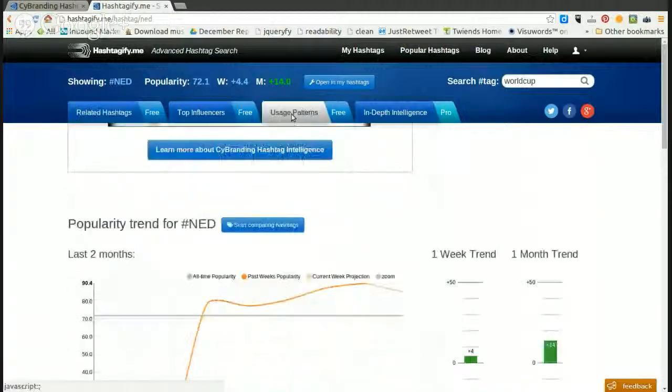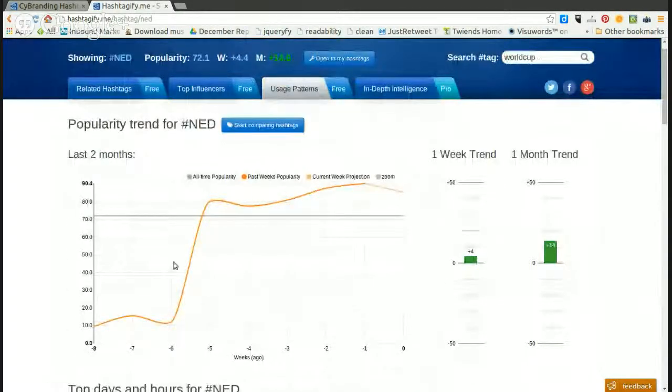You can go to this tab, which we call usage patterns. This is very useful because it shows you the popularity for the last 8 weeks, the last 2 months. So for example, you can see that for NED, we had almost no popularity 6 weeks ago, before the start of the World Cup. Then all of a sudden, it shot up to a popularity of 80.